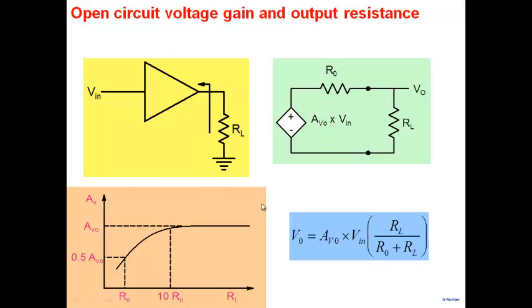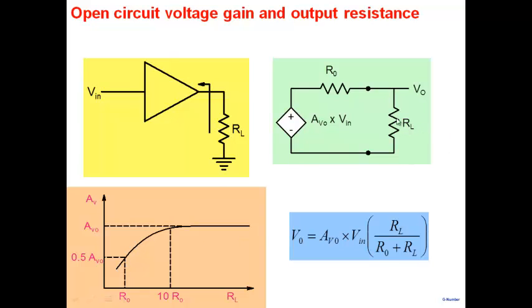Now the other is, so you can see here that when I make RL equal to R0, the overall voltage gain falls to half here. So one of the definitions or one of the ways of defining output resistance is the value of load resistance that I need to connect such that the voltage drops to half its value as compared to its open circuit value. Okay, or the voltage gain drops to half its value here.